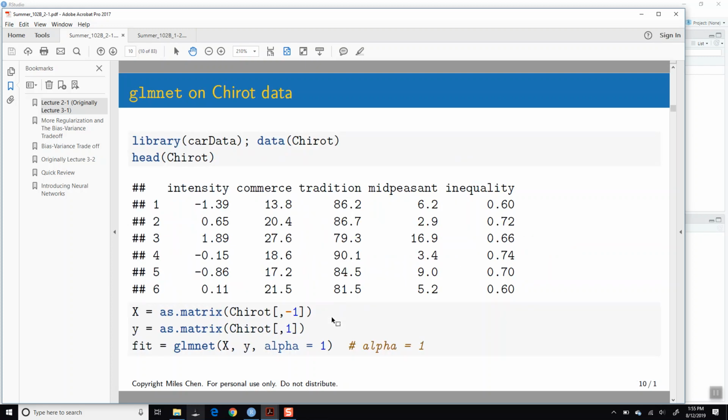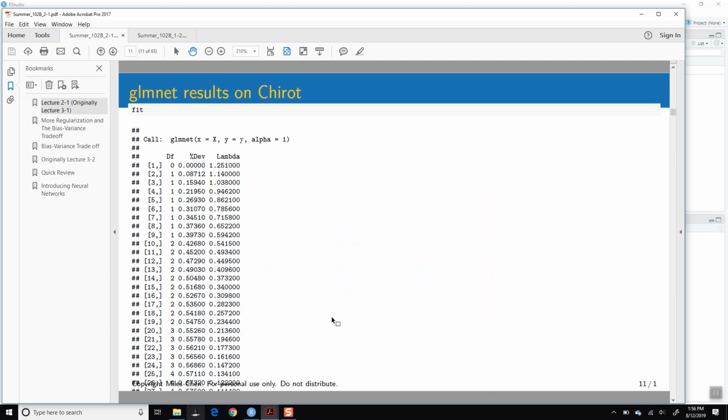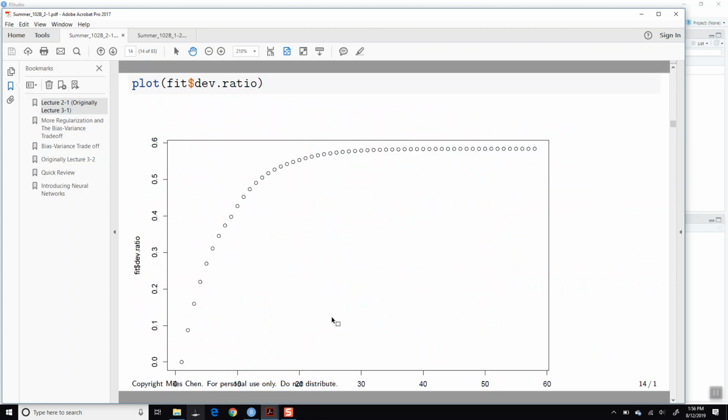So if you're interested in using lasso or ridge regression in R, read the documentation on glmnet, and you can get your estimates this way. It also allows you to use a mix of lasso and ridge regression, okay? So these are the kinds of things that we get.